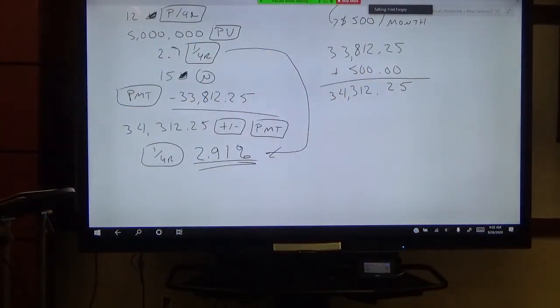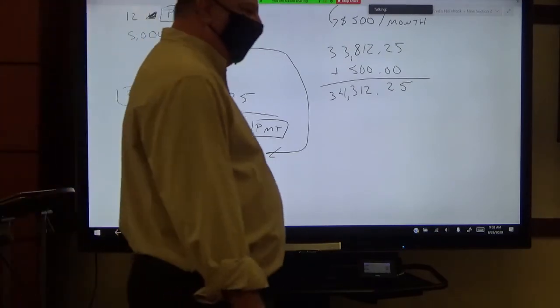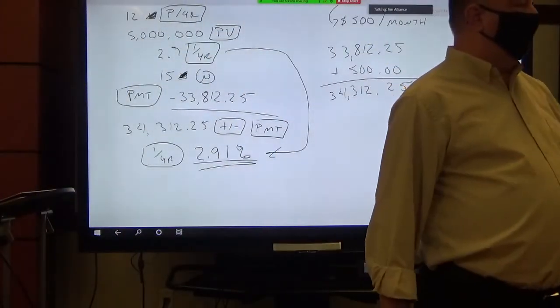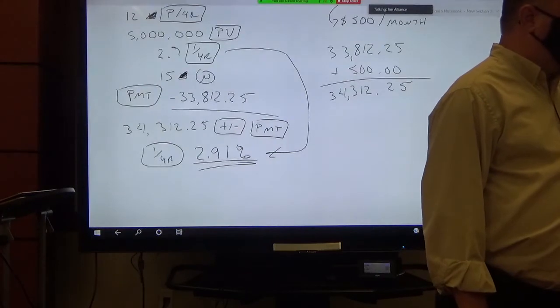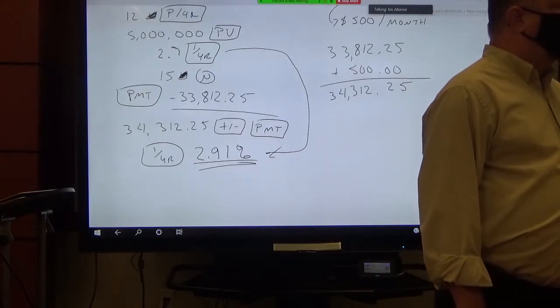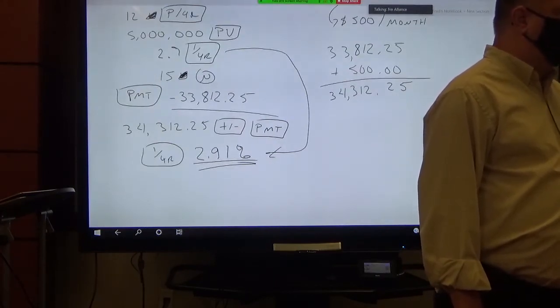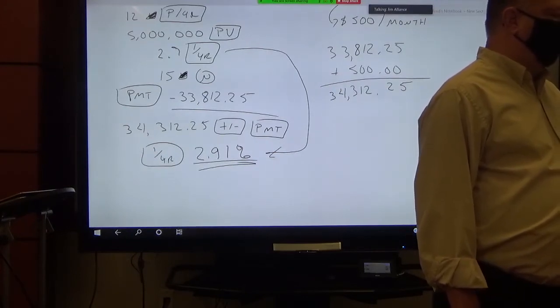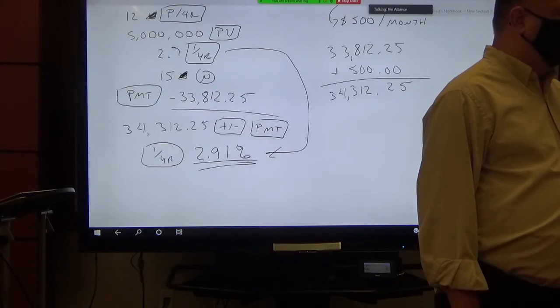Any questions? Are those numbers always set in stone for them, the fees, no matter what? Professor, if you wanted to sell the property 3 years before, you would just put in 3 years and then solve for the interest?